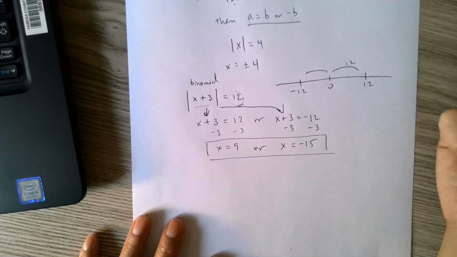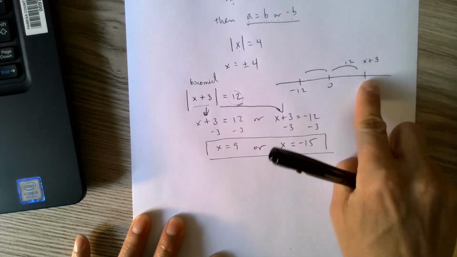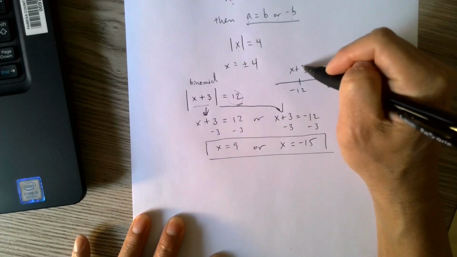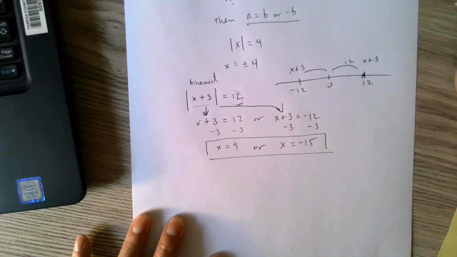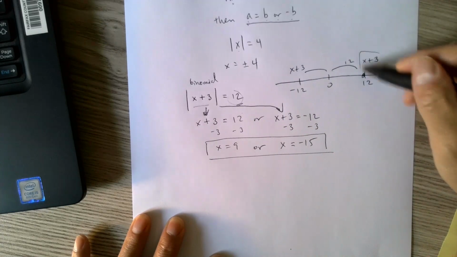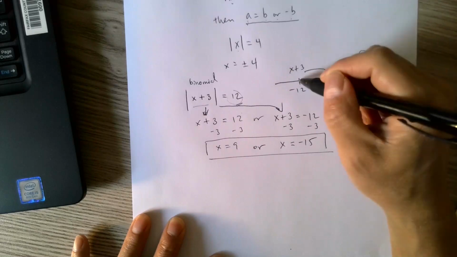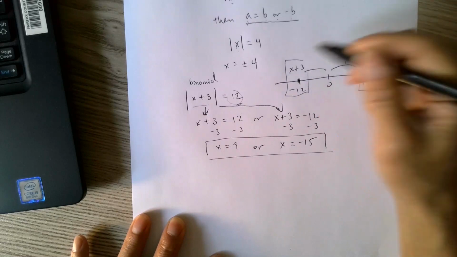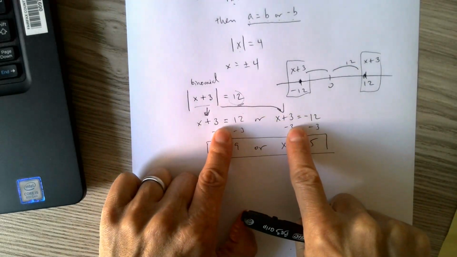So there is something called x plus 3, and it is 12 away from 0 this way, or it is 12 away from 0 this way. If it's here, then x plus 3 equals 12. If it's here, then x plus 3 equals negative 12. That's why we have those two equations.